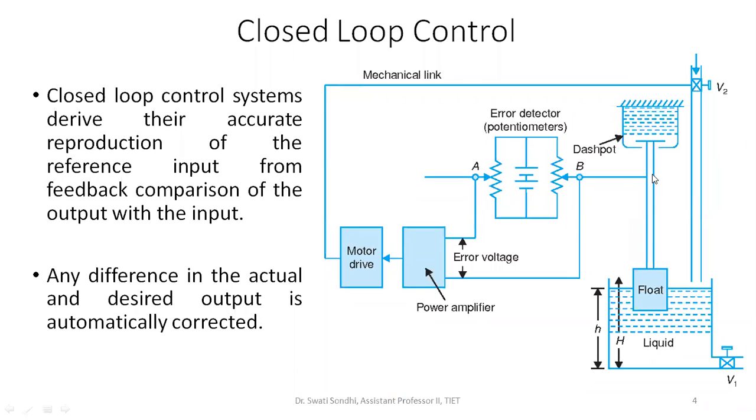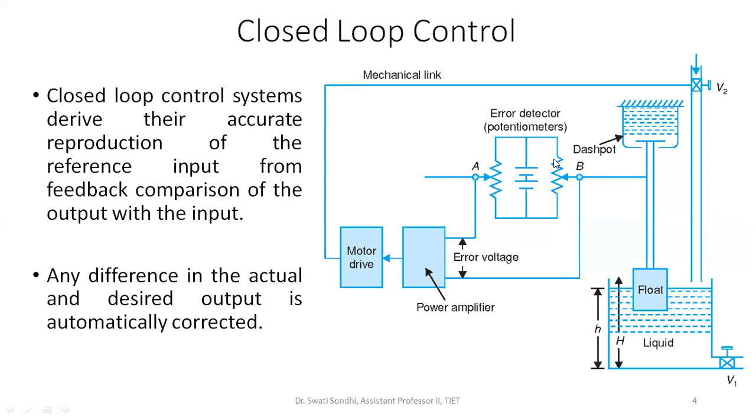Now this particular rod that you see coming from the float is connected to an electrical circuit. This symbol over here is a potentiometer, or you can say a variable resistance. These two, A and B, are variable resistance.